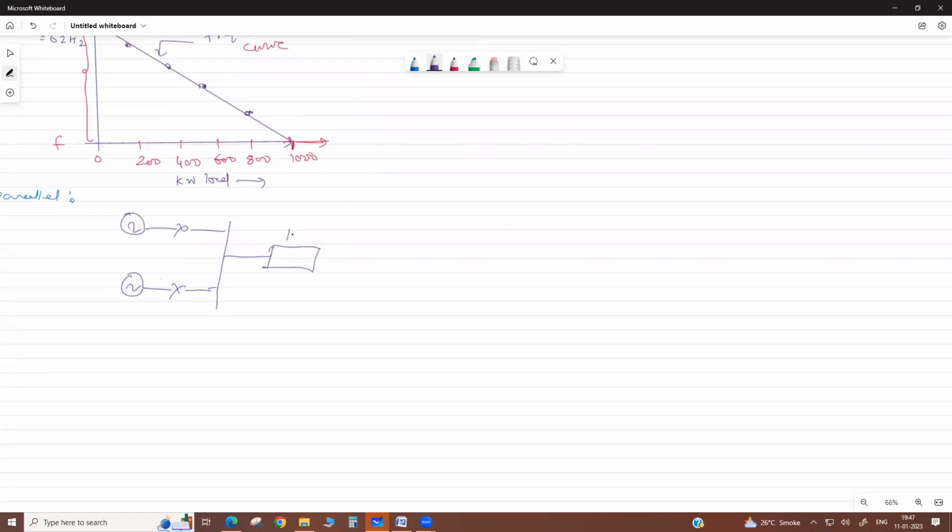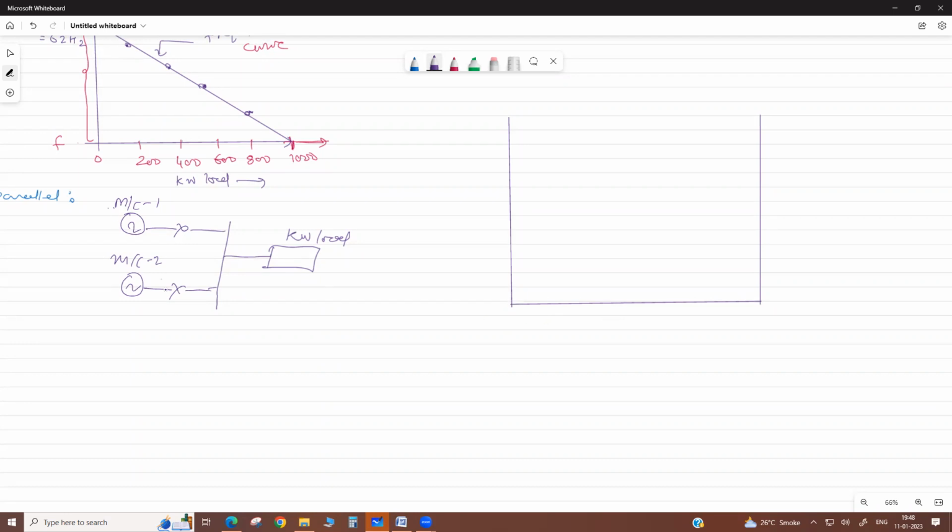So if we vary the load, what is the percentage of load shared by machine 1 and machine 2? My dear, first here we take machine 1, and here we take machine 2. Suppose this is the total load in kilowatt.